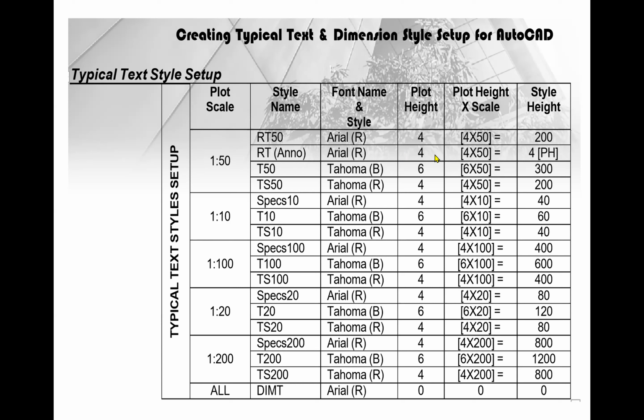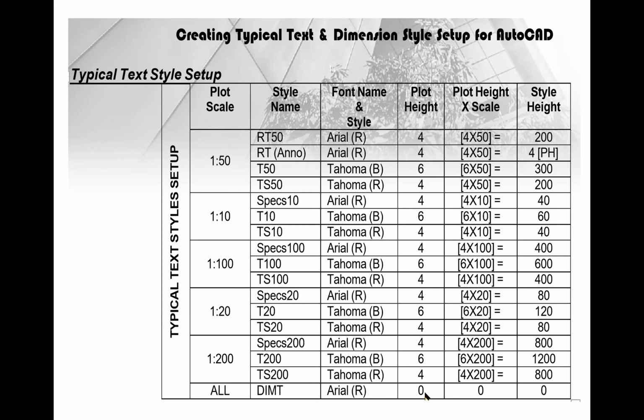So you don't have to manually make the text style 200. You make it 4, and then you turn on the feature and it will do the multiplication for you, which is still doing 4 times 50 and making it 200. It's just that when you are making the style, you need to make it 4 so that it can do the job, because it will do the calculation in the background for you.